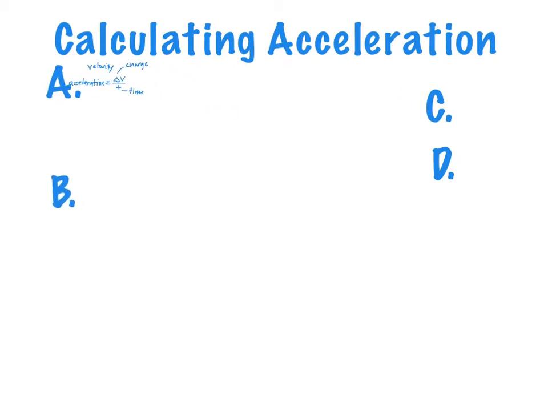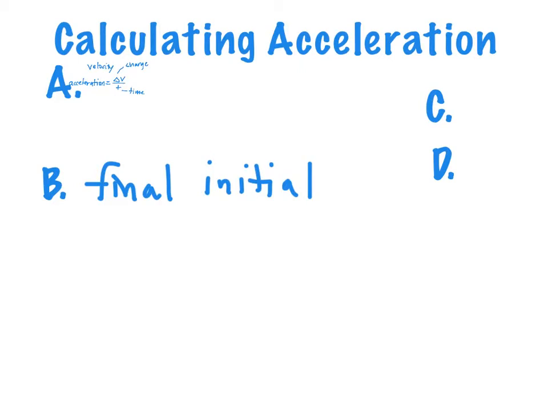Okay? Next, letter B. It says to take a change in velocity, you take the final velocity minus the initial velocity. So that's how we get that delta v that we saw on top.